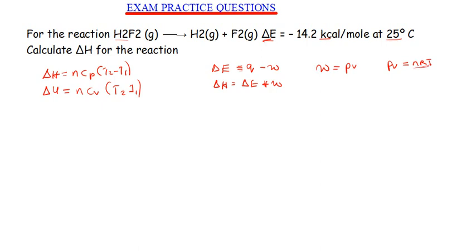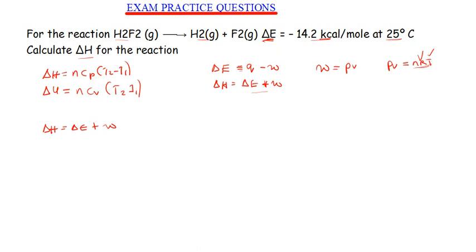So it depends on the data that you have been given. For this case, we have the data of internal energy and also the data of moles here. Temperature also has been given. R, which is the gas constant, is not the problem. So I'll go with this one. They're asking me enthalpy, so I'll get this equation. I'll say change in enthalpy is given as change in internal energy plus work.